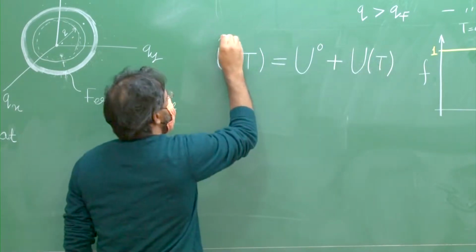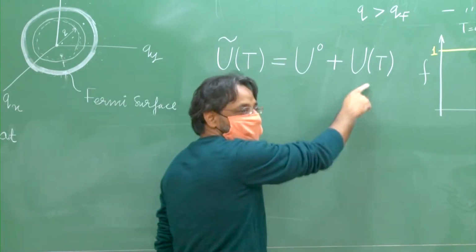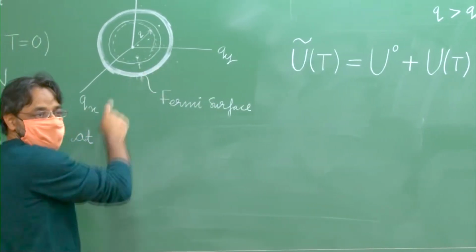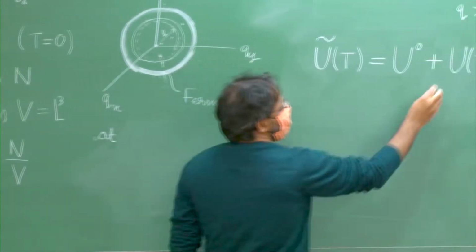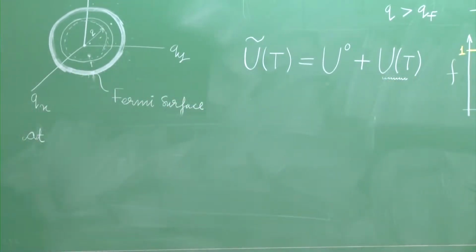Let me call this u tilde. So, this is the total energy, which is equal to the ground state energy plus the energy due to the excitations above the Fermi energy at any temperature T.